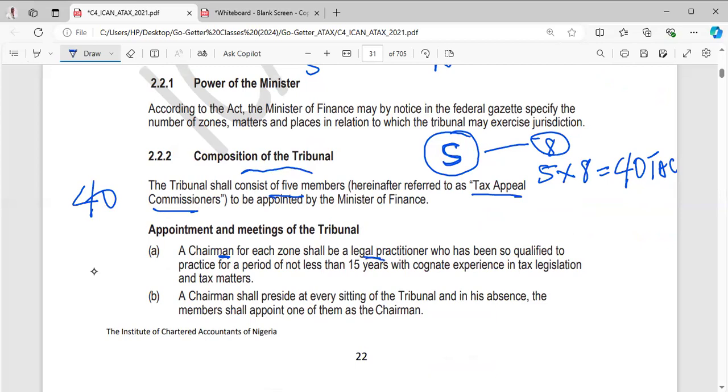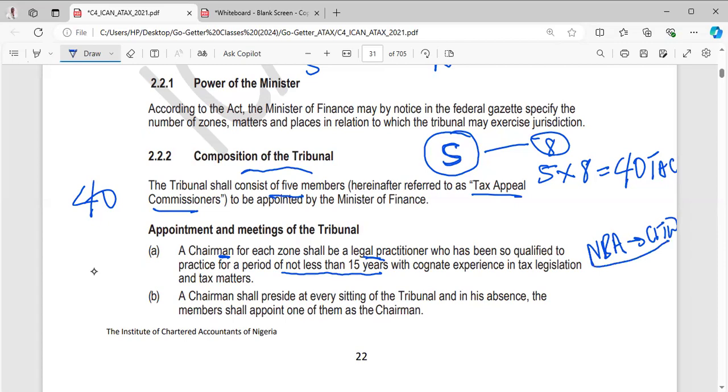At least he must be a legal practitioner that has been qualified to practice for a period not less than 15 years. So he must have cognate experience in tax matters. So you can see why people in the Nigerian Bar Association are joining CITN because of tax matters.